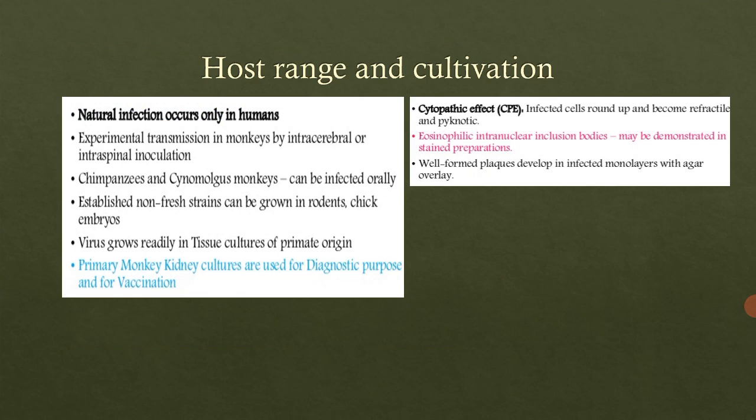The natural host for this infection is humans. Experimentally, the transmission can be in monkeys, which may be infected by intracerebral or intraspinal inoculation. See, what is the polio disease?